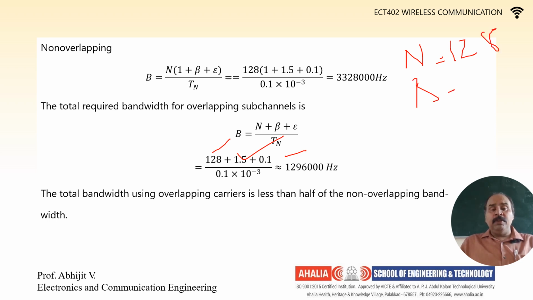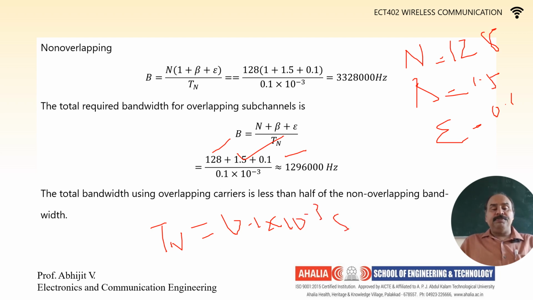Beta is given to be 1.5 and epsilon is given to be 0.1, and Tn is given as 0.1 into 10 raised to minus 3 seconds.